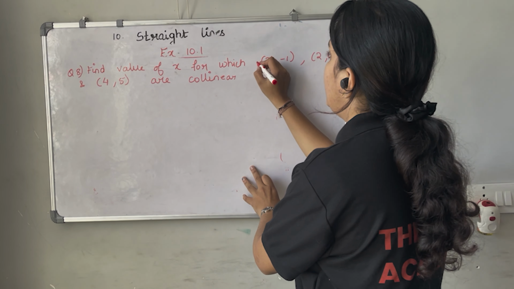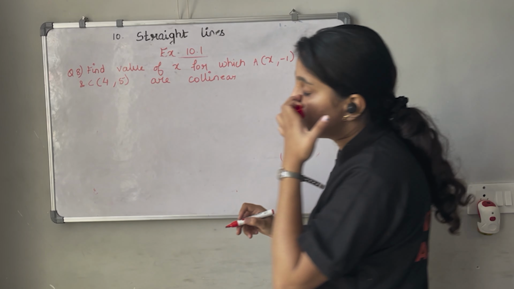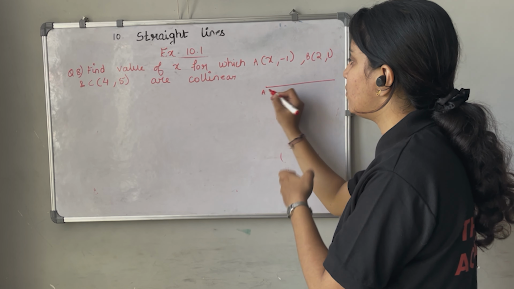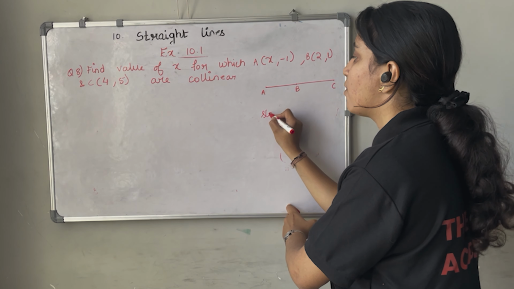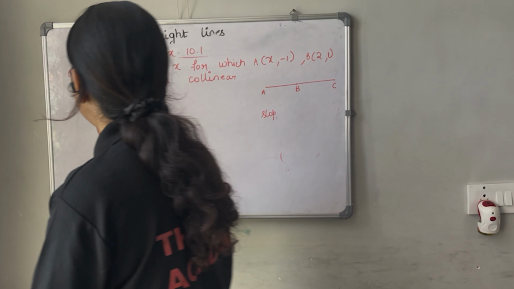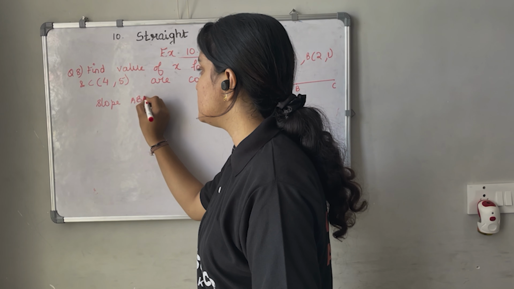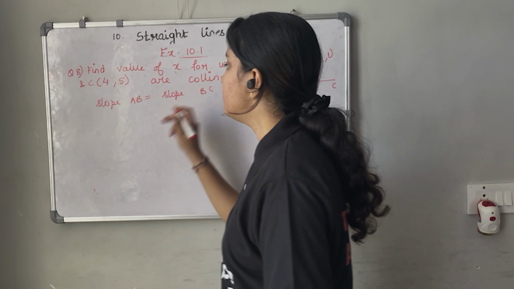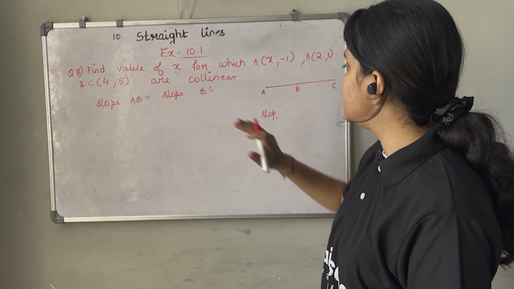Let them be A, B and C. The concept we have seen earlier is that if 3 points are collinear, the slope of AB is always equal to the slope of BC. First we will find the slope of AB, then the slope of BC.